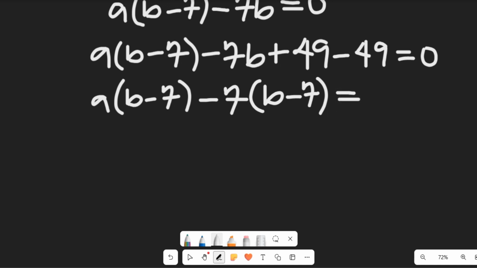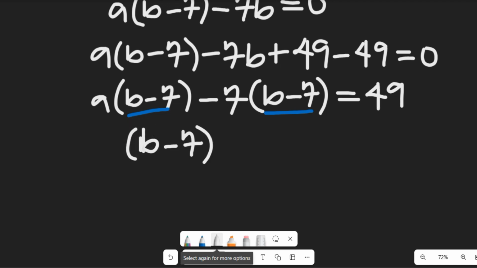When we take it to the other side, I'll have it to be what? 49. So this has shown me that there are two similar expressions, b minus 7. So I will take one, and I'm going to have this expression to now give me b minus 7, right? And this will give me a minus 7, and this is equal to 49.